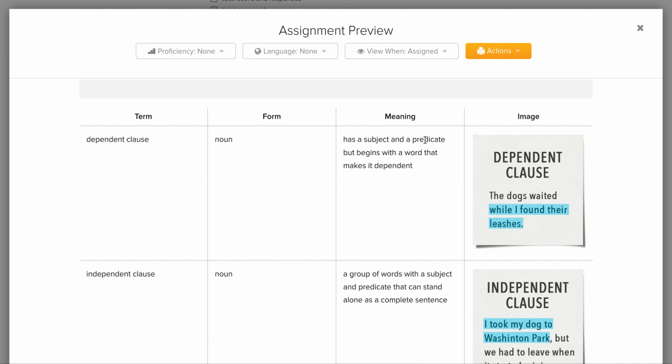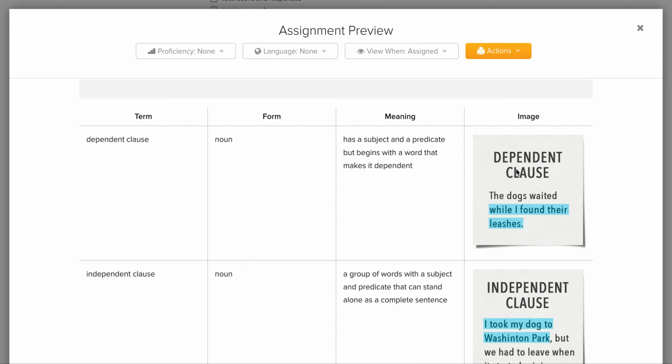And the predicate of a sentence is the action of the sentence, what's happening in the sentence. So all clauses, whether they're dependent or independent, have a subject and a predicate. The difference is that a dependent clause usually begins with a word that makes it dependent on the rest of the sentence to make sense.